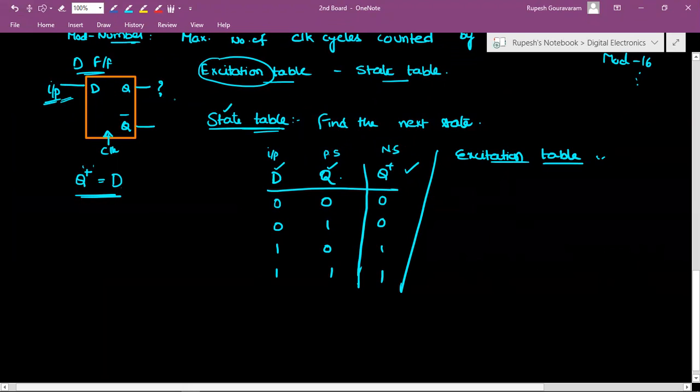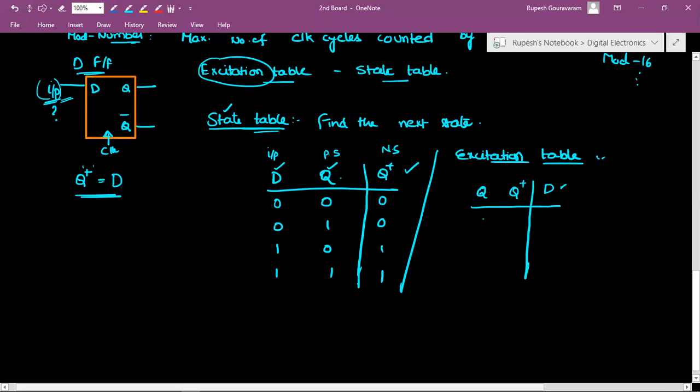What does the excitation table do? Just the reverse. Based on the state, it will provide us the input. That is given by the excitation table. In the excitation table we have the present state and the next state, and based on these two things we decide the input. D is known as the input.